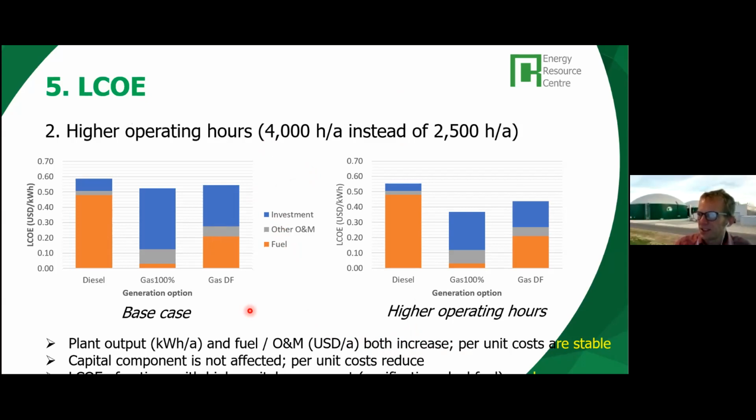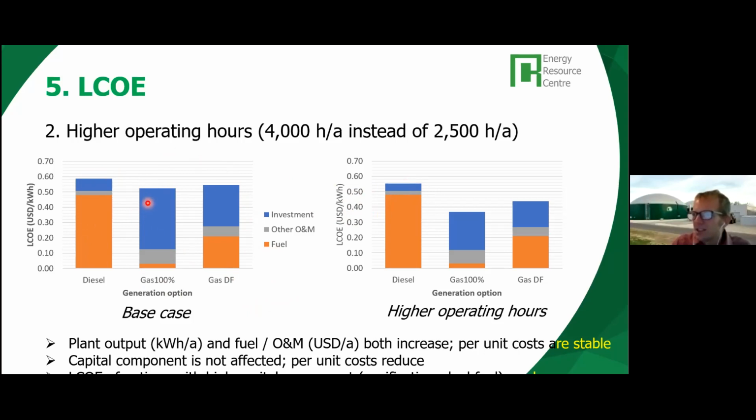Now what happens in all the cases, the production costs decrease with higher numbers of operating hours. We see that the diesel case from about $58 goes to about 55, so there's a very slight decrease in the diesel cost.